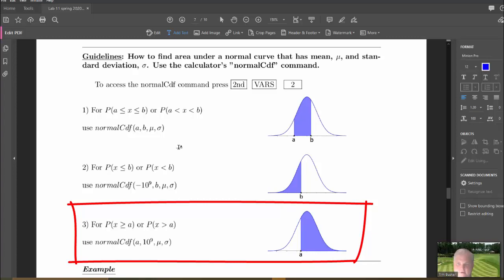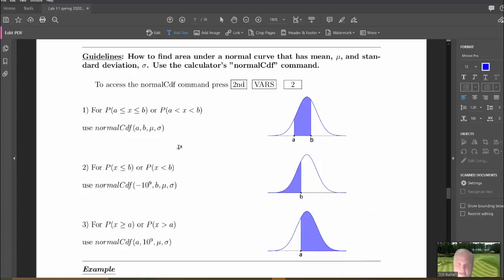Going back to the third case, your graph should look like this. Your lower boundary will be the number a. Your upper boundary will be infinity, but I approximate infinity as 10 to the 9. Okay, so that's the syntax for the 3 different cases.